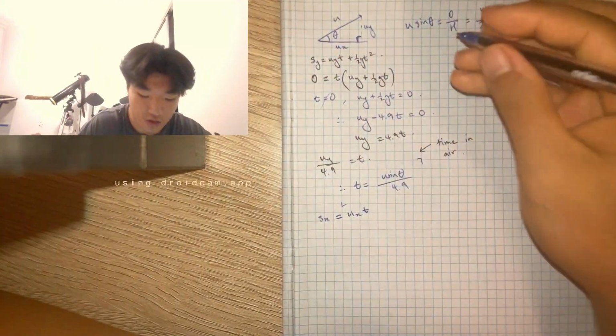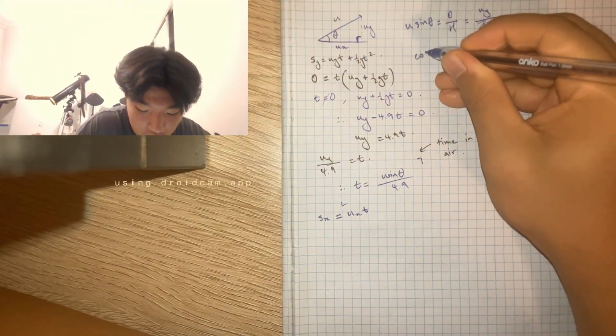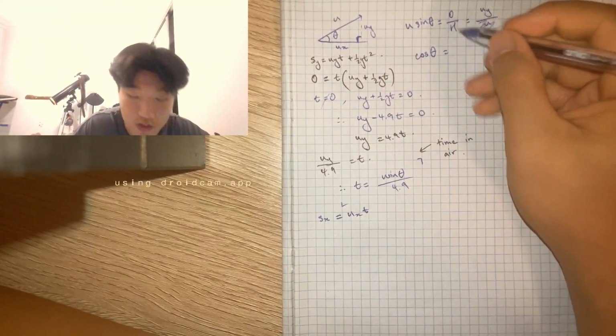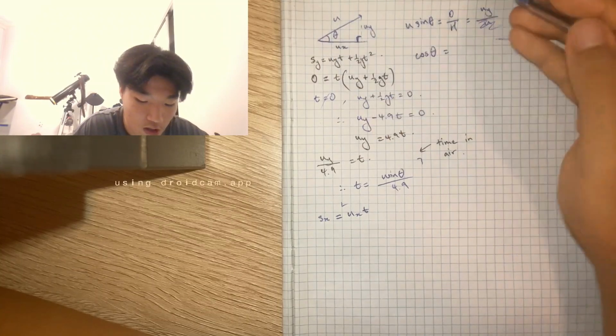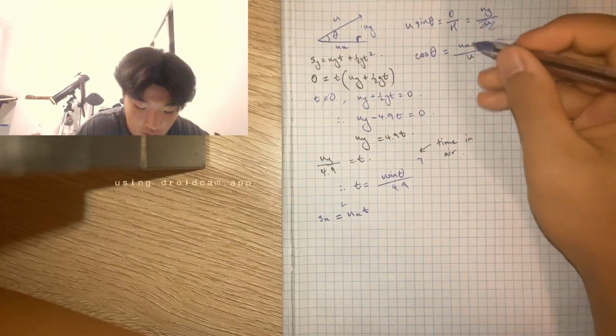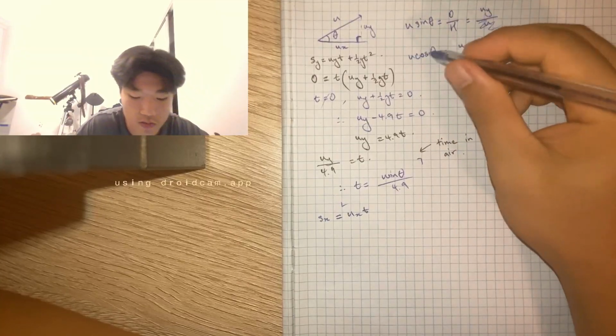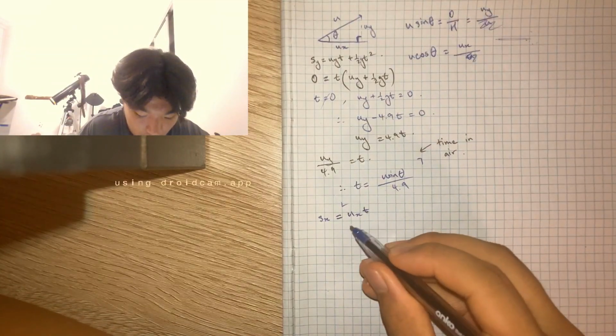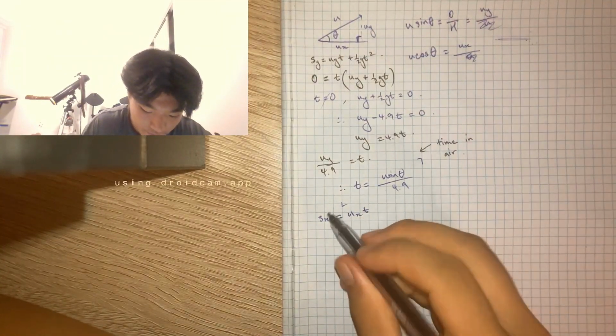In this case, it's the same thing, right? We're using an appropriate trig ratio. In this case, it's cos theta because we're dealing with adjacent over hypotenuse. Adjacent is ux, and hypotenuse is again u. So rearranging, you get u cos theta.